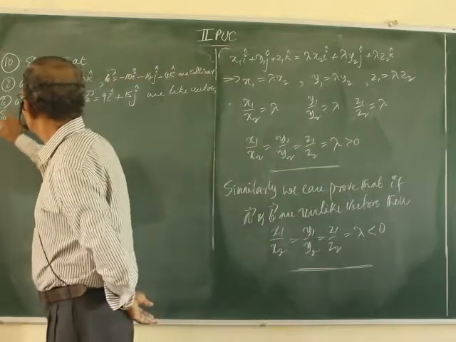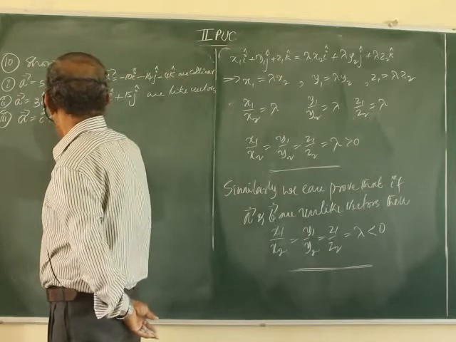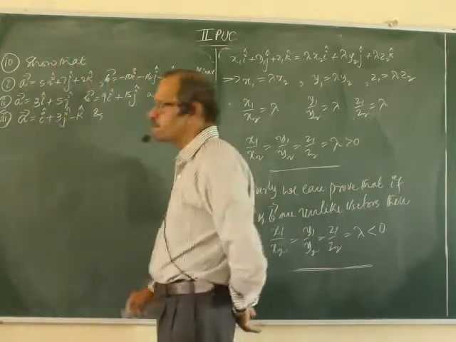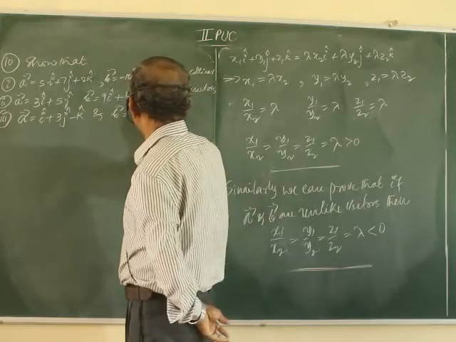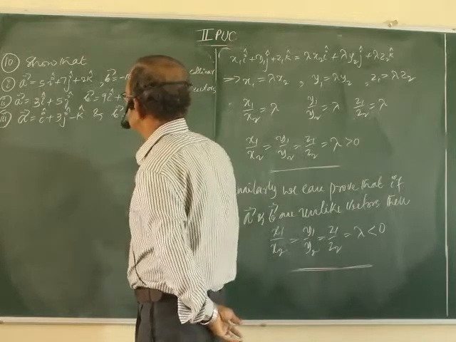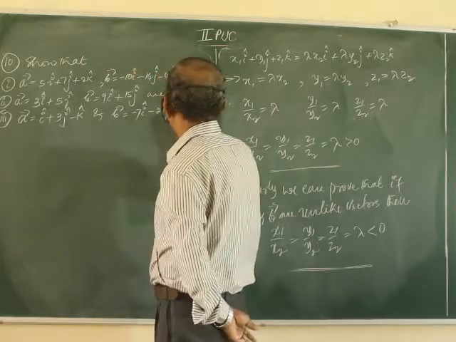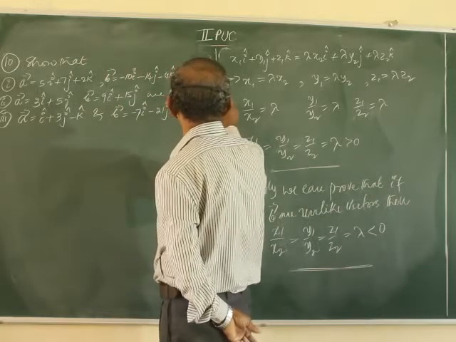Third one, A equal to i plus 3j minus k and B equal to minus 7i minus 21j plus 7k are unlike vectors.